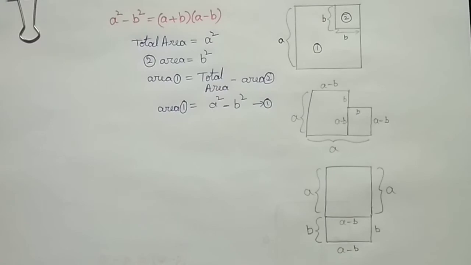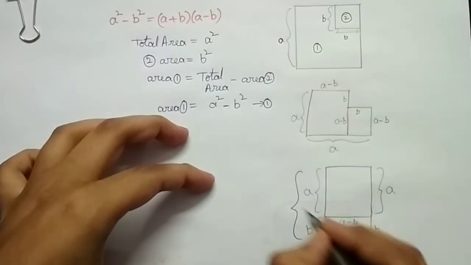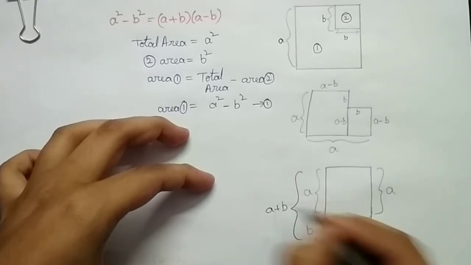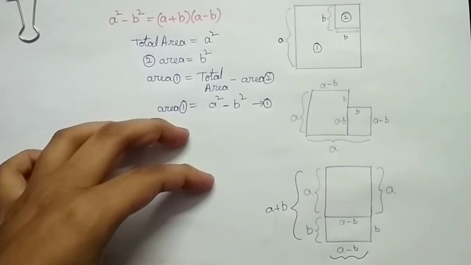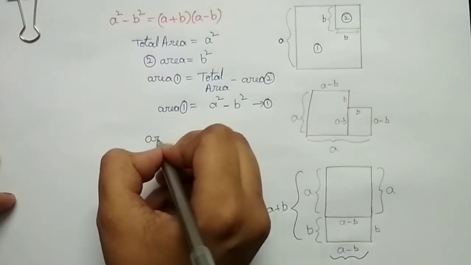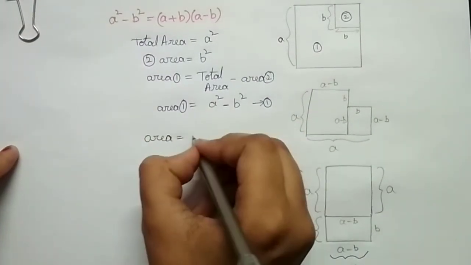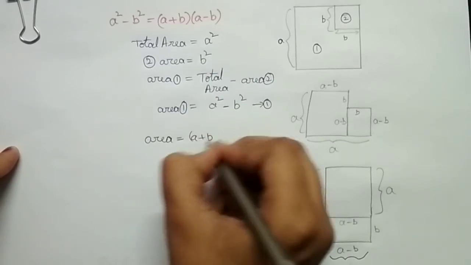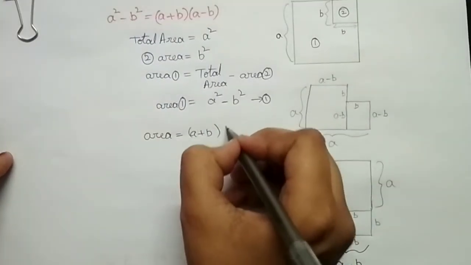This is a rectangle with length A plus B and breadth A minus B. So the area will be (A plus B) into (A minus B).